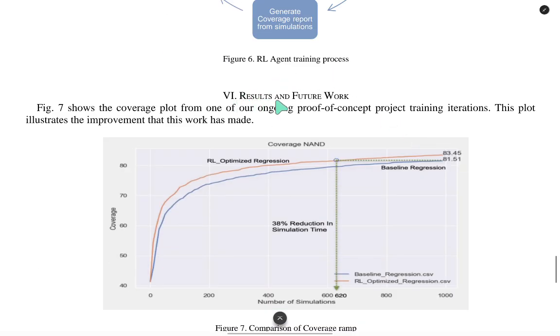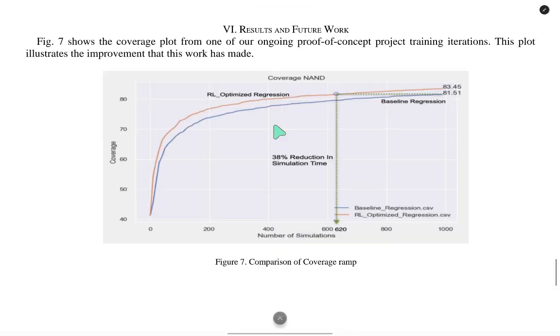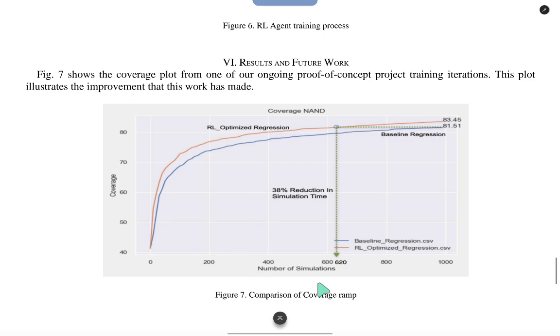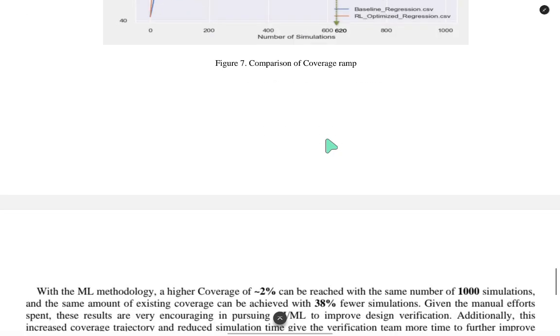Chapter 6 is results and future work. Figure 7 shows the coverage plot from one of the ongoing proof of concept project training iterations. This plot illustrates the improvement that this work has made. Figure 7 is a comparison coverage plot.